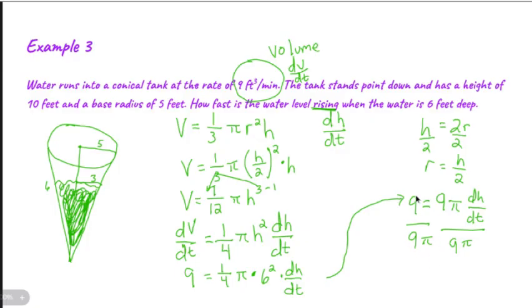The 9s cancel out. You're left with 1/pi feet per minute. Remember, height is still a linear measurement, so it's feet, not feet cubed, is dh/dt.